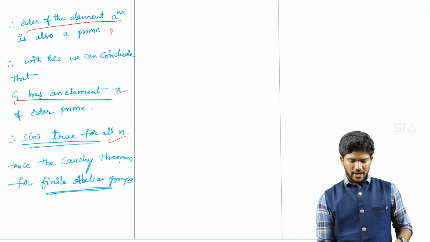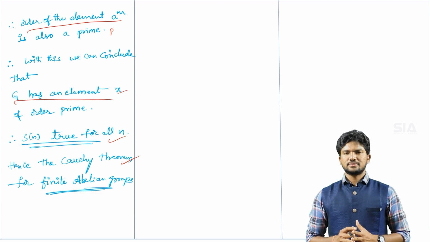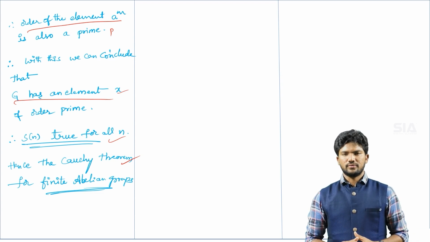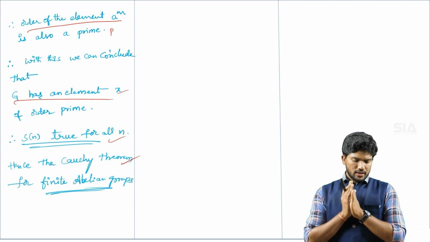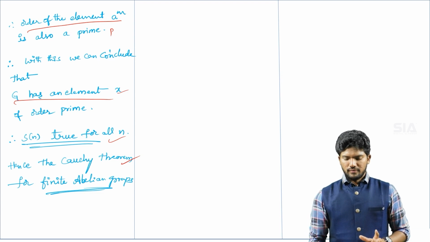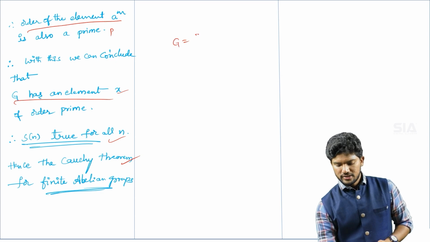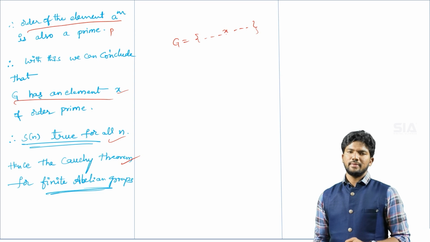So therefore hence by principle of mathematical induction, we can conclude that all three cases prove the given statement. So therefore this is the Cauchy theorem for finite abelian groups. In the theorem, first we take capital G as a group. Just assume that out of all elements one element is there, that element is x.